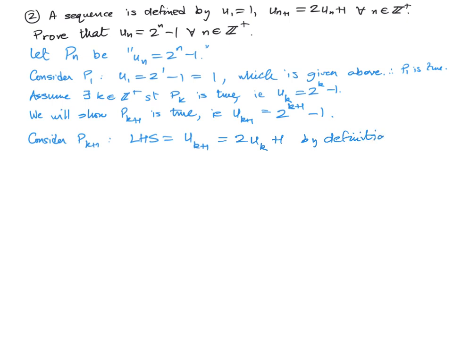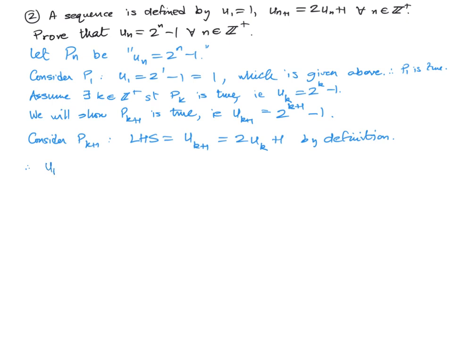That's what we were told, was that u sub n plus 1 was defined as 2u sub n plus 1. So I'm using this formula to replace the u sub k plus 1 again by definition. So now I want you to notice that we've enabled ourselves to use uk, which allows us to take the assumption into account. So that took us from u sub k plus 1 into something involving uk, which then is the assumption.